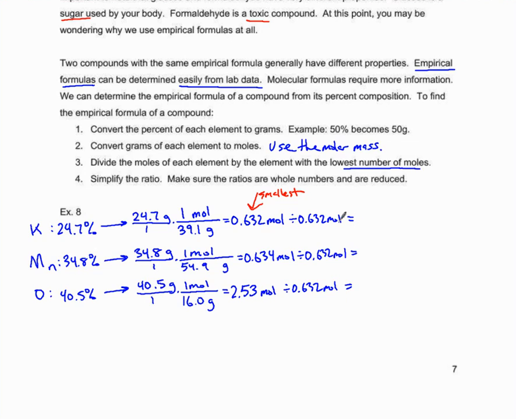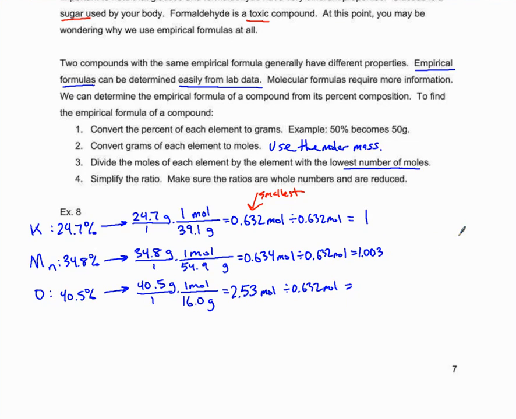So for the first one, dividing by itself, we don't have to put that in the calculator, it's just a 1. The next one, 0.634 divided by 0.632. This comes out to be 1.003 and then some other things.